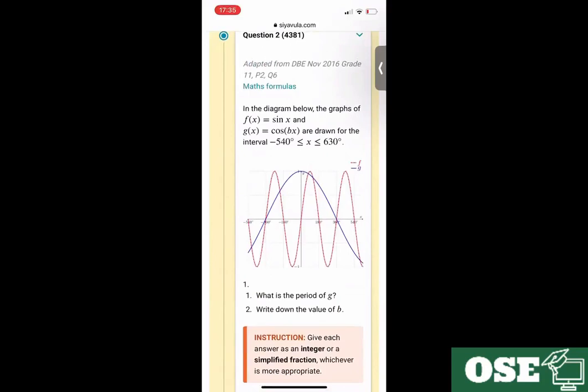The interval is x greater than minus 540 and less than 630 degrees. According to the key, the red graph is f of x, and the blue graph is g of x. The first question is, what is the period of g?